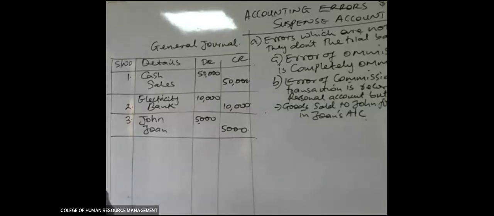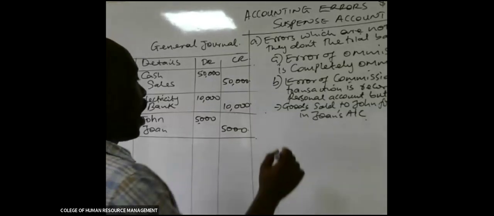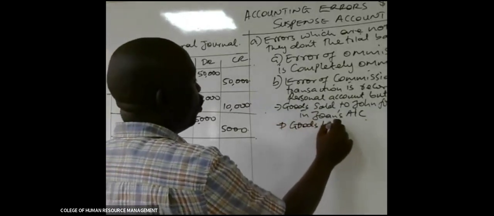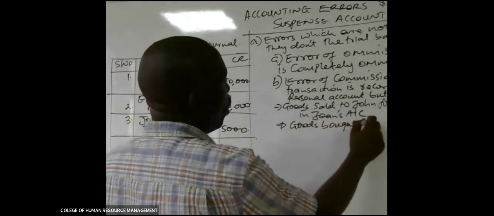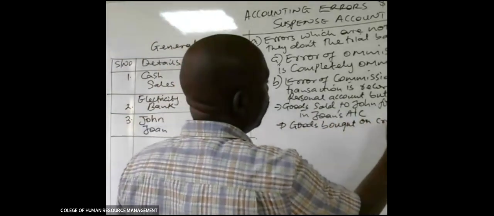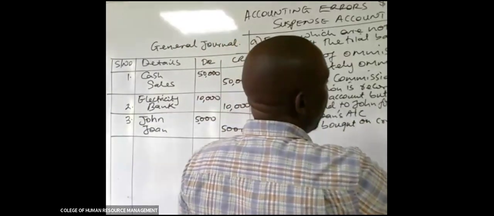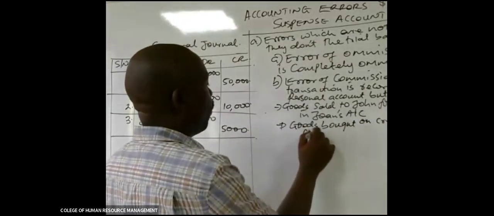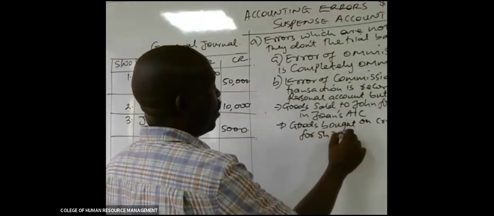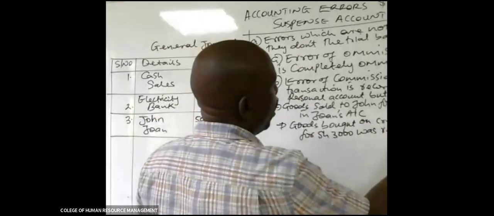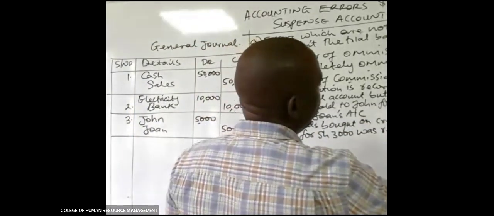That is an error of commission. Another case can be goods bought on credit from Musa for shillings 3,000 was recorded in Musau.